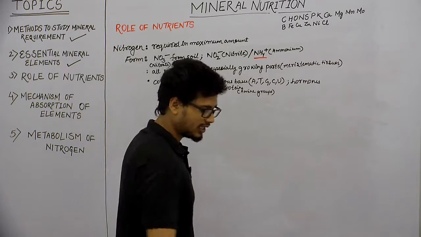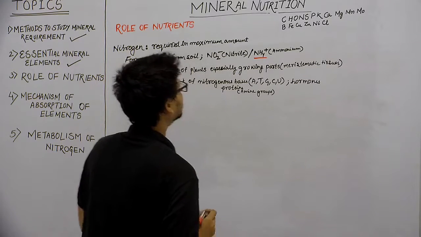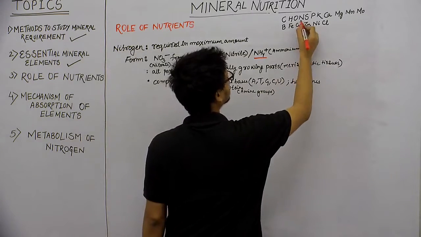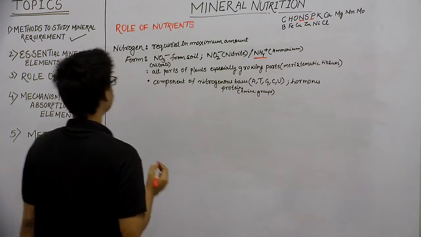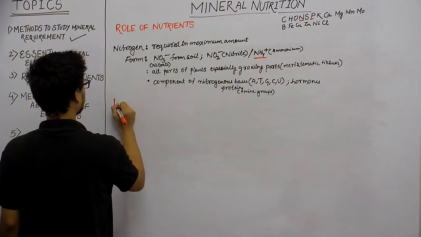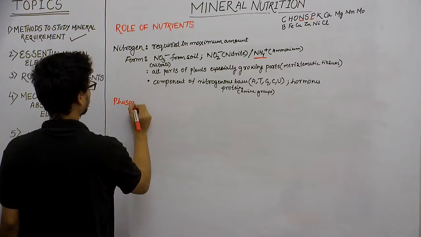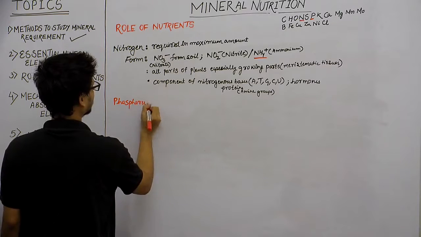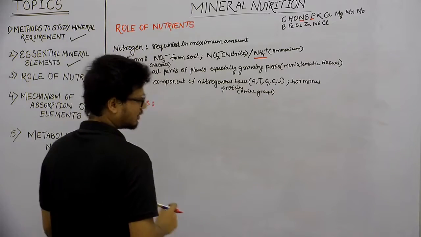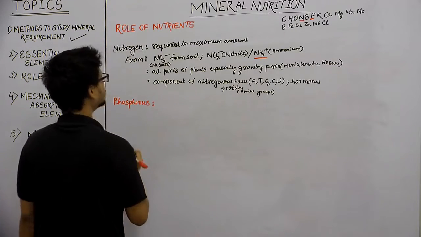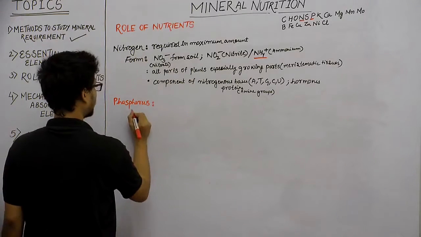Okay, so next we move on. The first one was nitrogen. Next we move to phosphorus. Phosphorus we have studied earlier. In what form is it absorbed, we will talk about that.